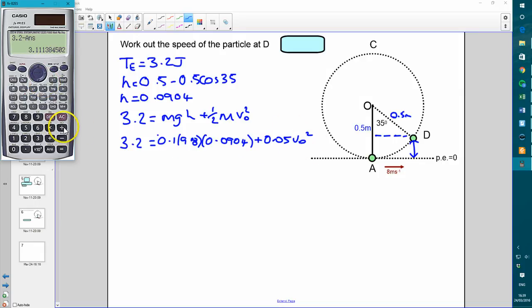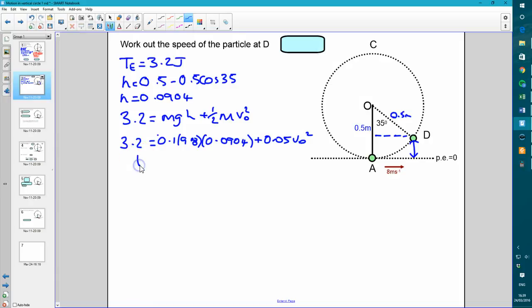So I divide that by 0.05, and that gives me a value of v squared of 62.2. I'm just going to write that down. So vd squared is going to be equal to 62.2.